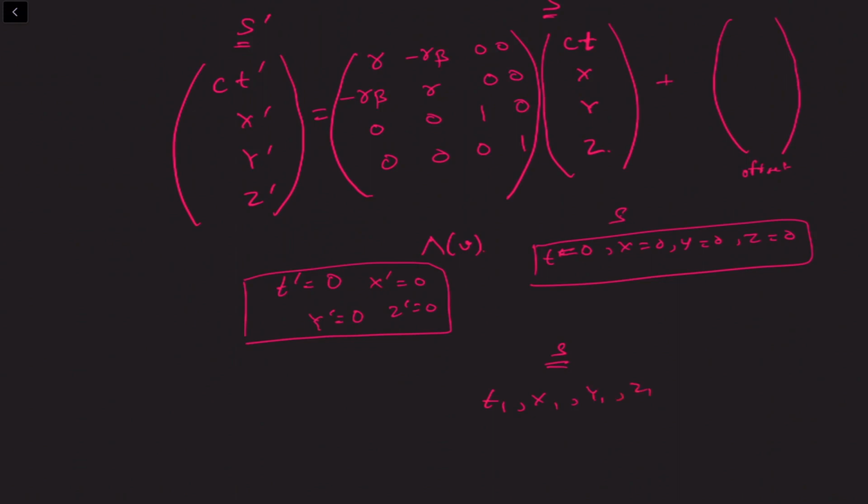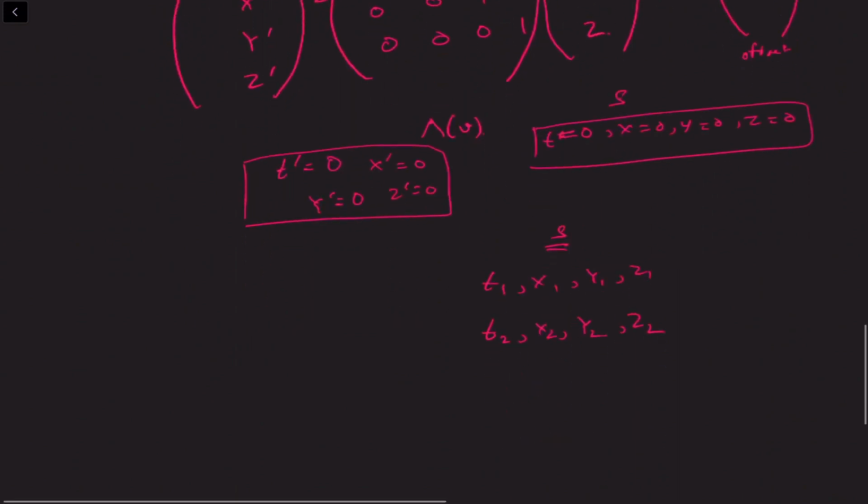And let's consider another space-time point, which is t2, x2, y2, and z2. So you've located a particular point in space at a particular instant of time, and you can ask what's going on over there, and another point in space and another point in time.